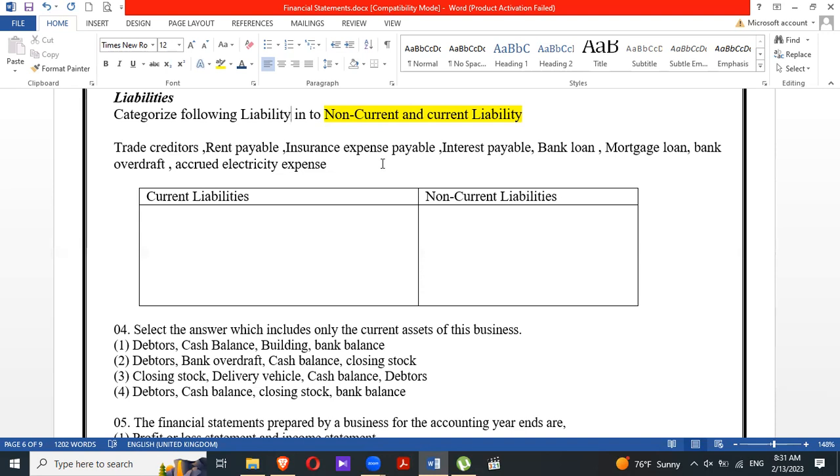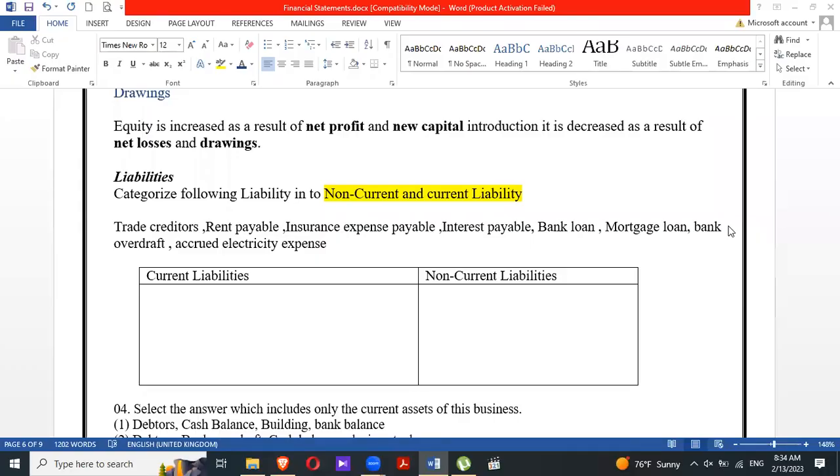Current and non-current, same as assets. Okay, let's do this.